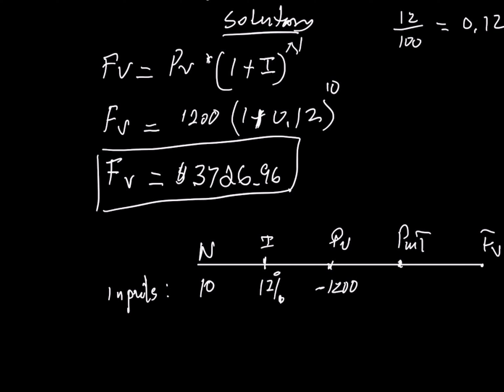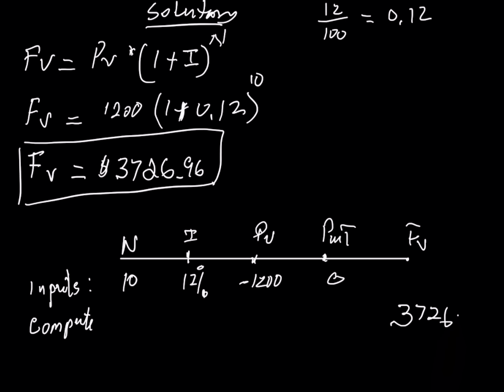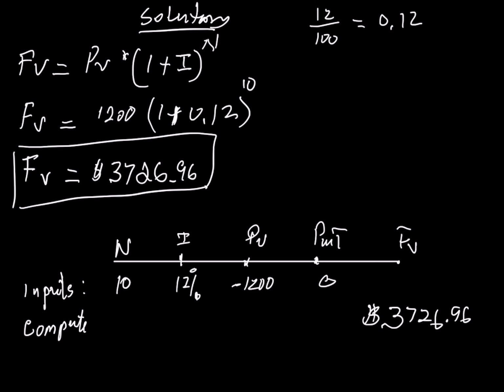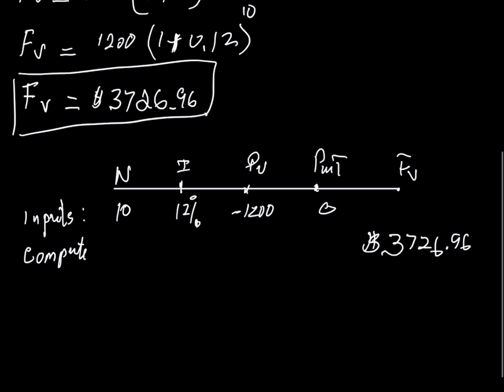Why minus? Because we are taking money out of our pocket. The PMT is 0, and we will compute the FV. So FV is $3,726.96. Now we can also use Excel to make this calculation.